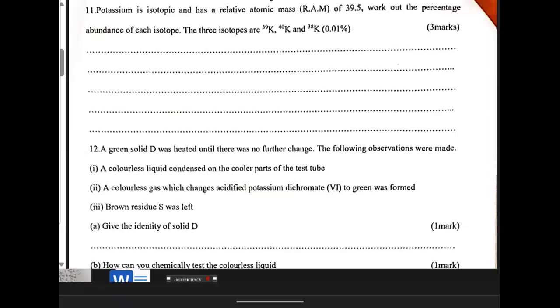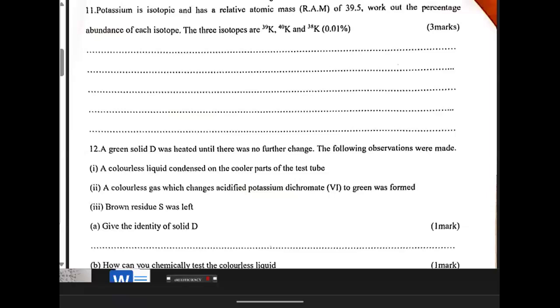Then what is heated there can be a sulfate, a sulfate that will decompose to form sulfur 6 oxide and sulfur 4 oxide. So in that case, the salt is iron 2 sulfate. And we know that iron 2 ions are green, so iron 2 sulfate is green.